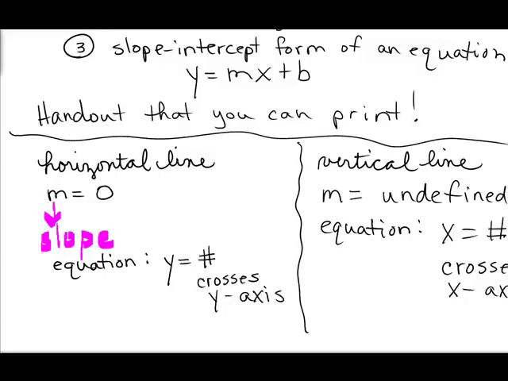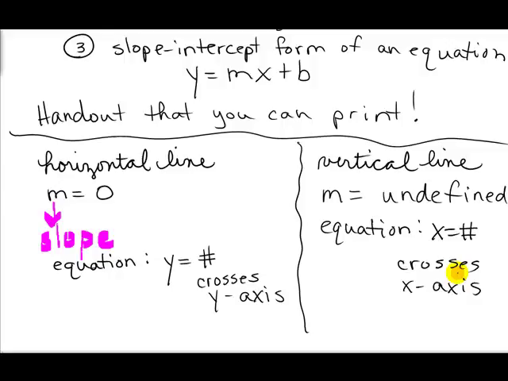Now it looks like I got a little off the page there, so let me move this over a little bit. Make sure it's showing up for you. X equals a number and crosses the x-axis. Okay, so that is slope.